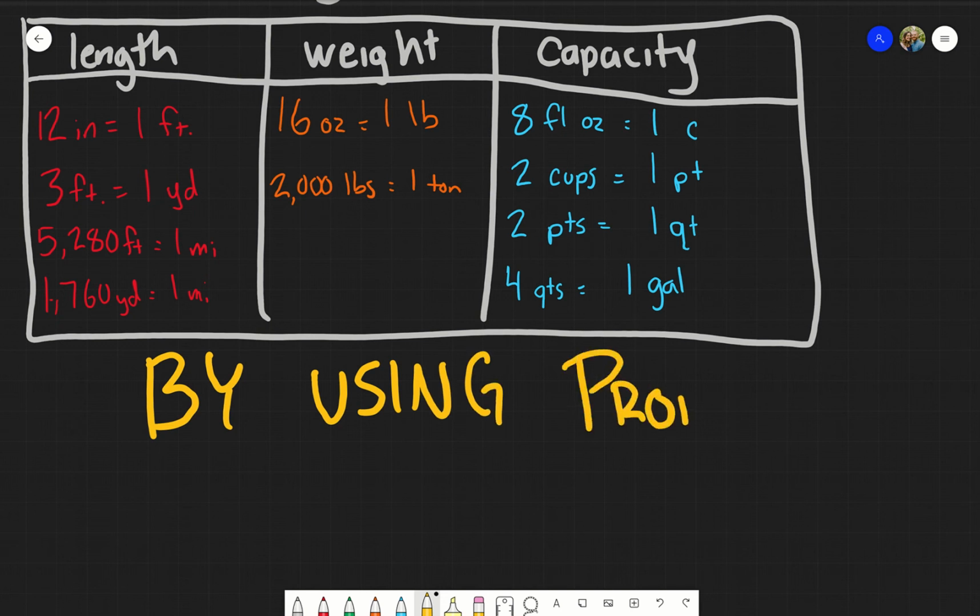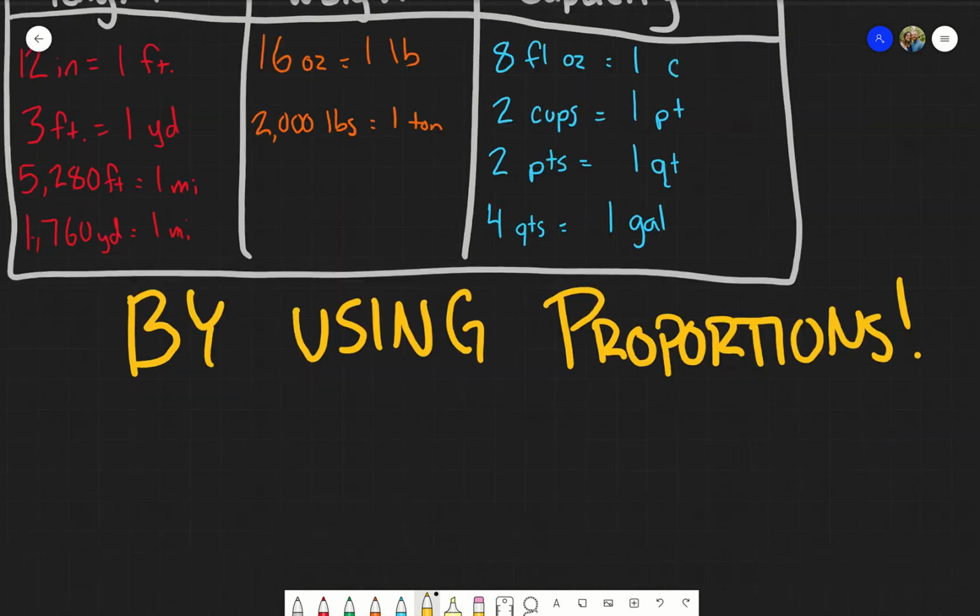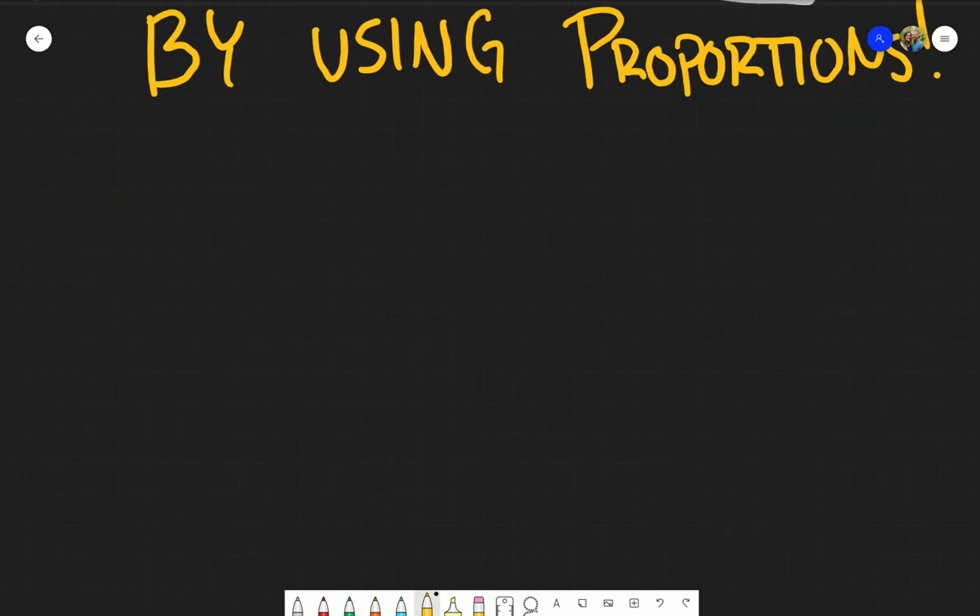proportions. Using proportions. All right, so we want to use proportions here to help us know how to convert things. Let's say I wanted to convert 8 feet to inches.